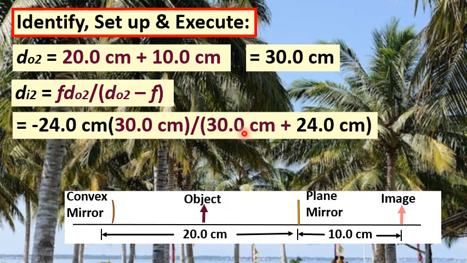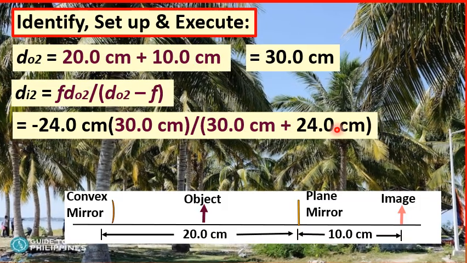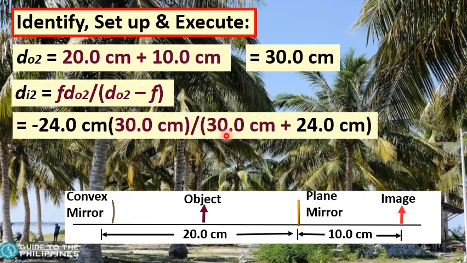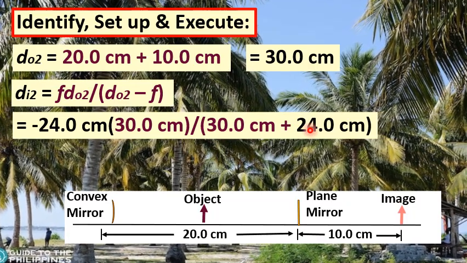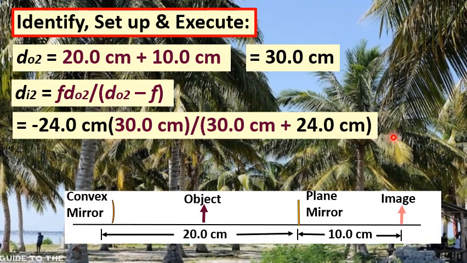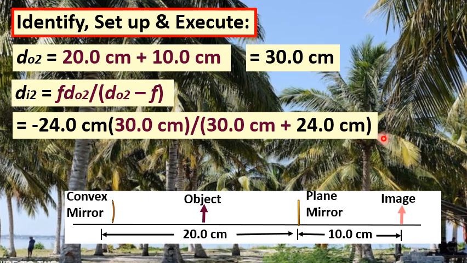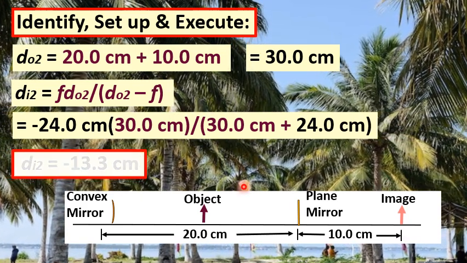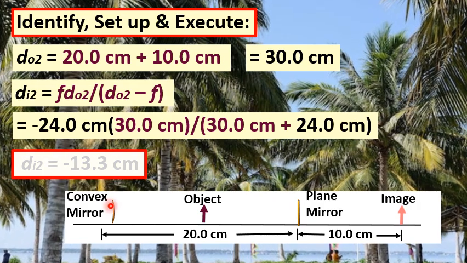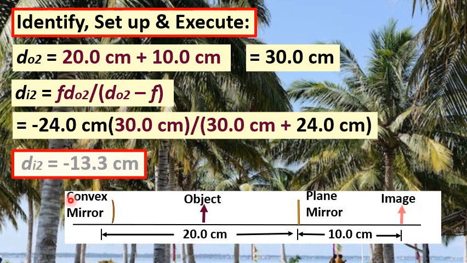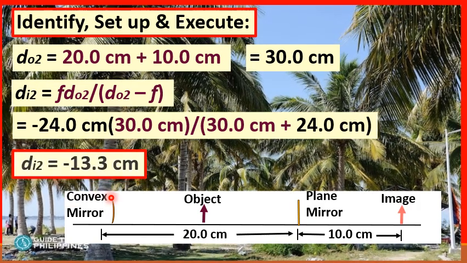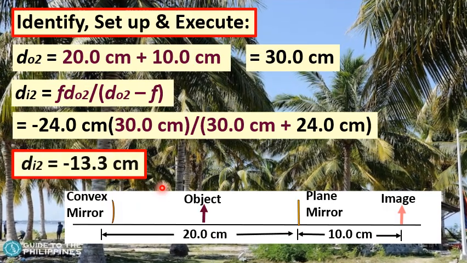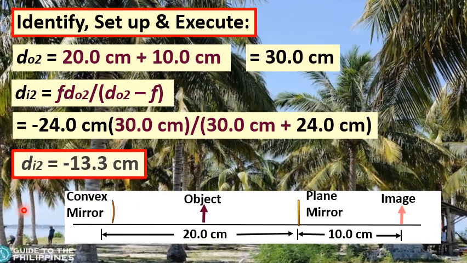So the quantity in the denominator becomes 30.0 centimeters plus 24.0 centimeters, which when simplified, we get the value of the image distance number 2, or d sub I2 equals negative 13.3 centimeters, right?